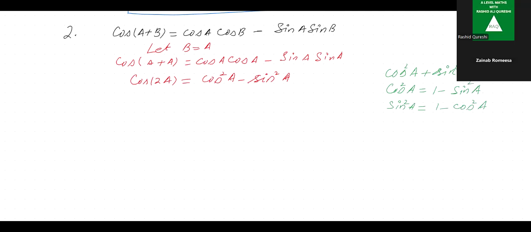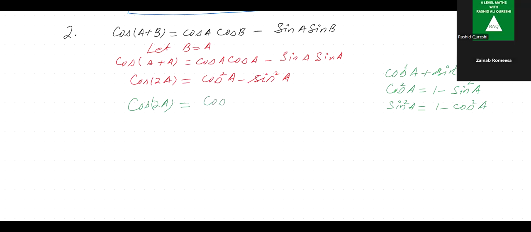Now, this is the first case, where cos 2A is expressed in terms of cos square and sine square. If I ask you to write the expansion of the cosine in terms of only cos, what will you do? The cos of 2A is equal to cos square of A minus sine square of A. I have to remove this sine square, so cos square will remain as it is.